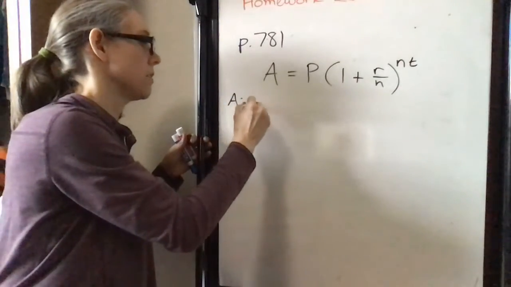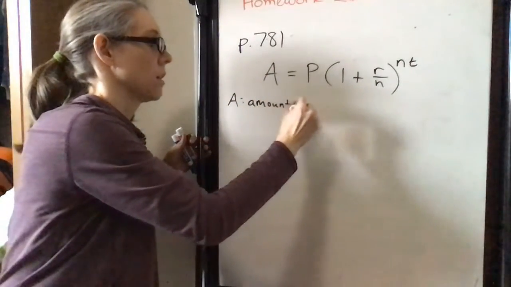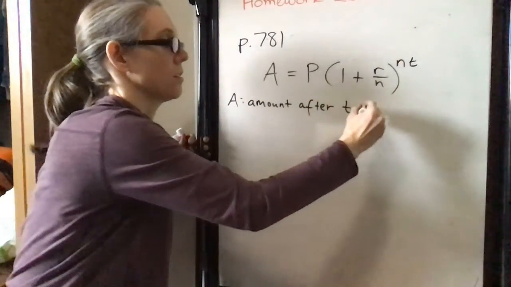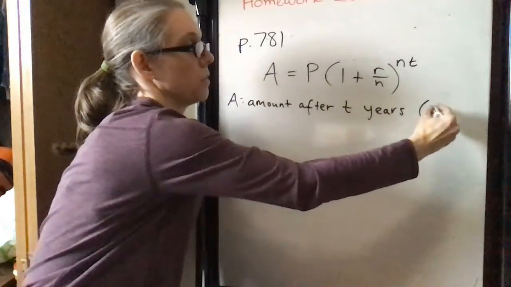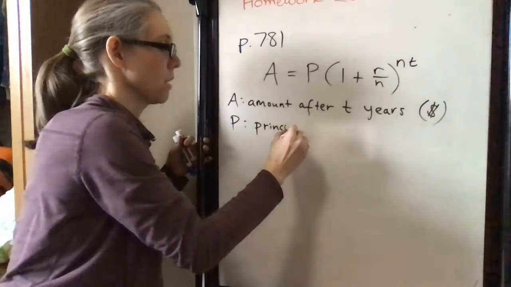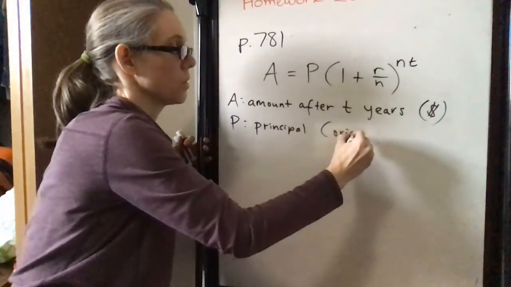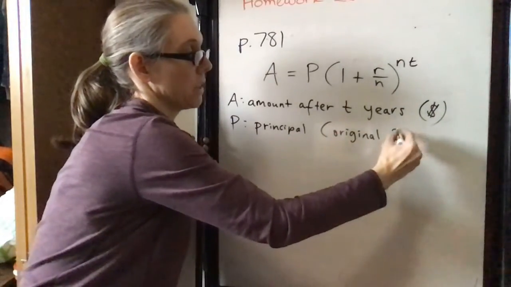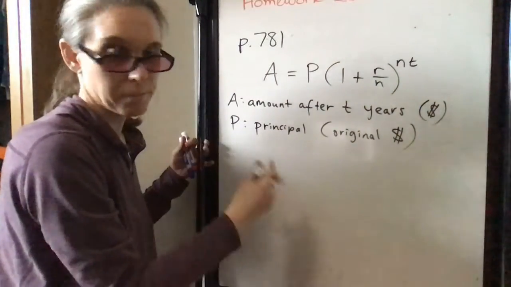So A is the amount after t years, and that amount is going to be in dollars. P is the principal. The principal is the same thing as the original money that was deposited or invested.